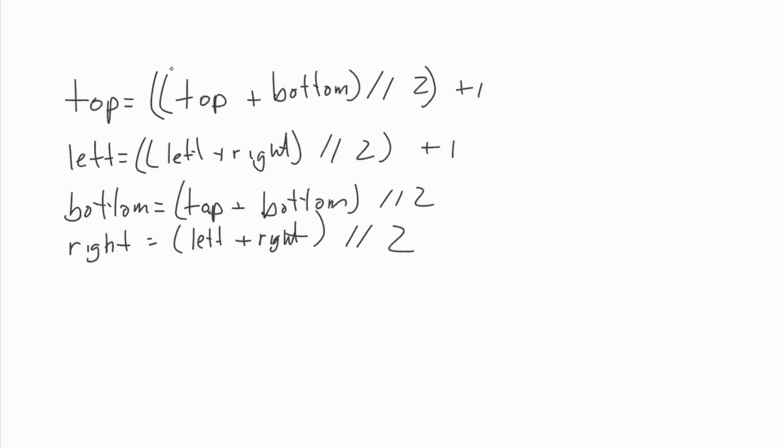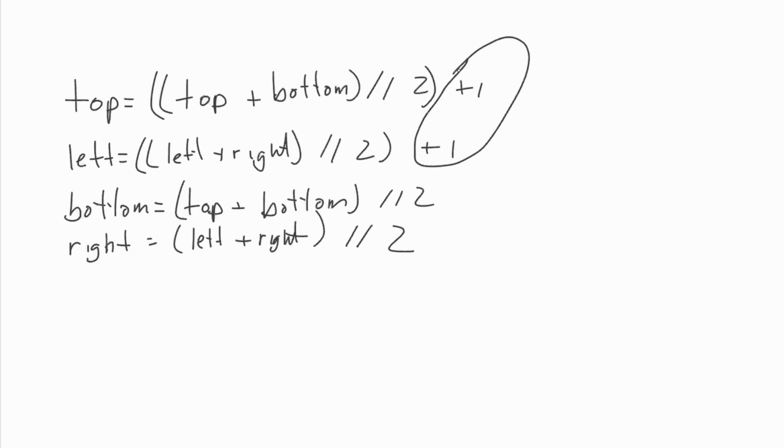So you'll see for the top, we're just using the top and bottom, dividing them by 2, and then adding 1. The left is very similar. We're taking left and right, dividing them by 2, and adding 1. To get the bottom, we just take the top and bottom divided by 2, and for the right, we take the left plus right and divide it by 2. So really the only difference is this plus 1 here, right?